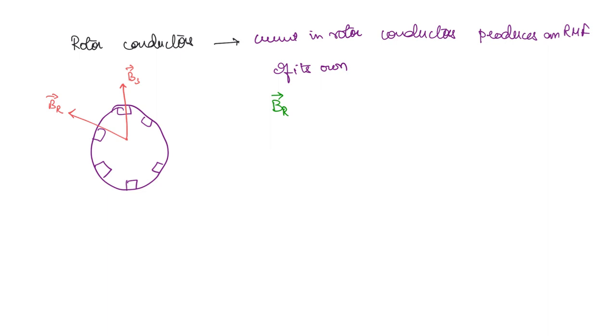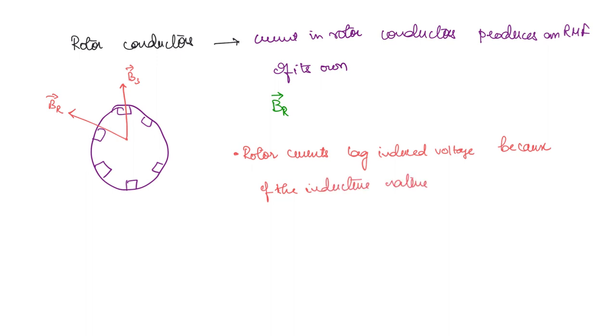So you can write this point down: rotor currents lag induced voltage. Why is that? Because of the inductive nature of the winding. Windings will be inductive. So that is why rotor currents will lag the induced voltage.